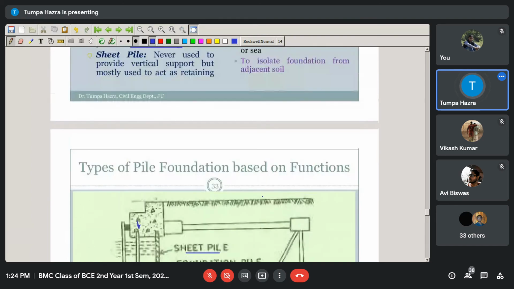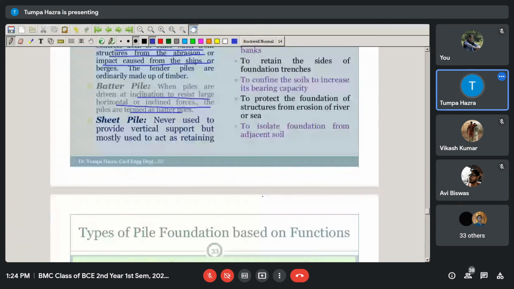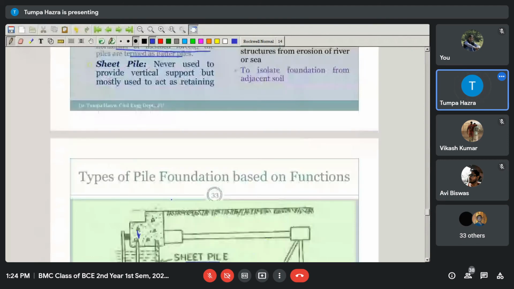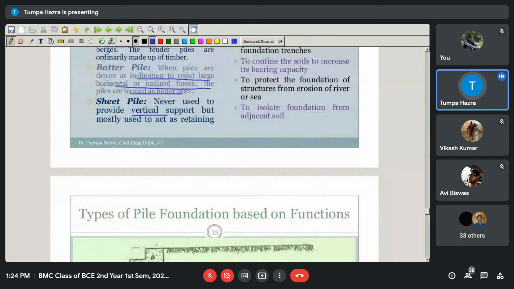Then sheet pile. This is the picture of the sheet pile. As I have already told you, these piles do not provide any vertical support to the load, but basically act as a retaining wall.